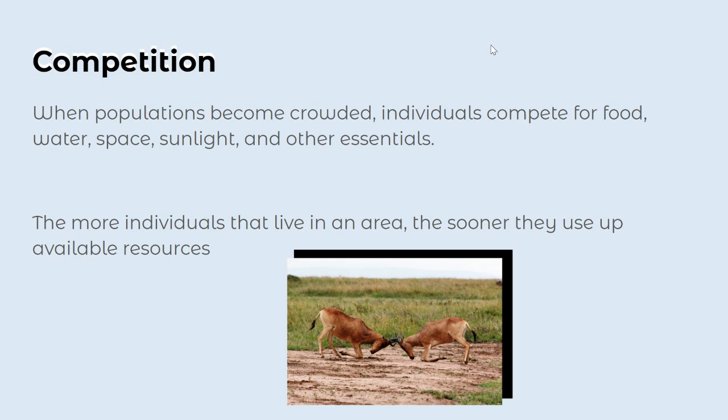All of those things can be considered resources that individuals will have to compete for. So, the more organisms that are in an area, the more likely they will have to compete for a resource, and more likely that competition will lead to some of those individuals not surviving long enough to reproduce.